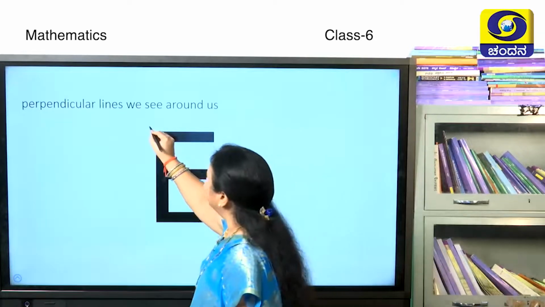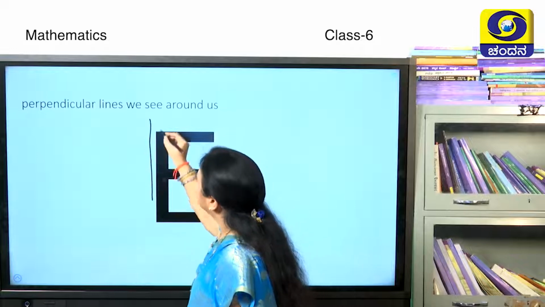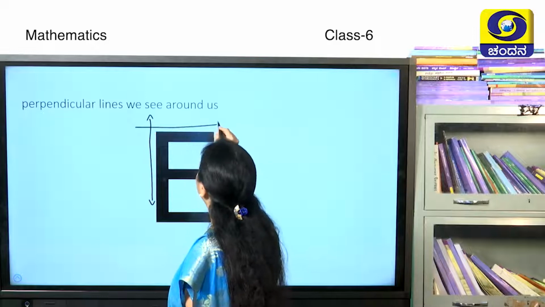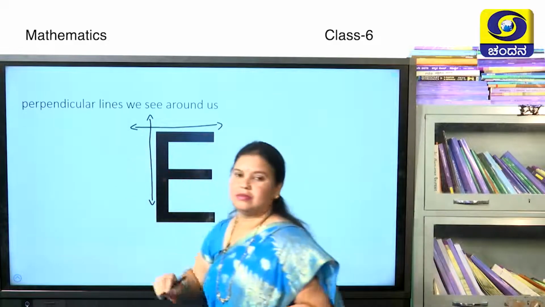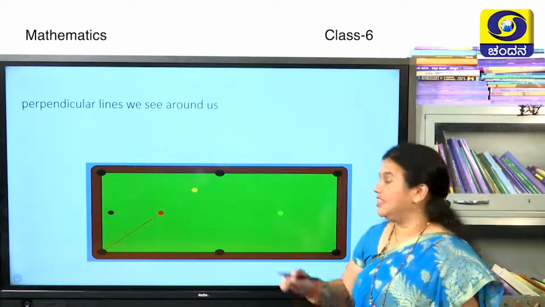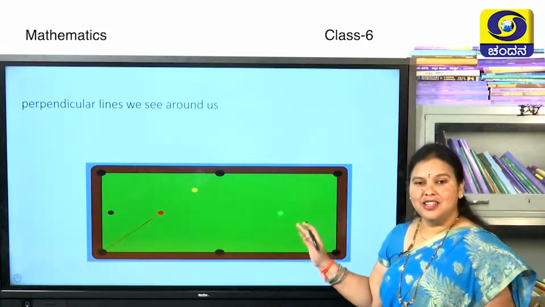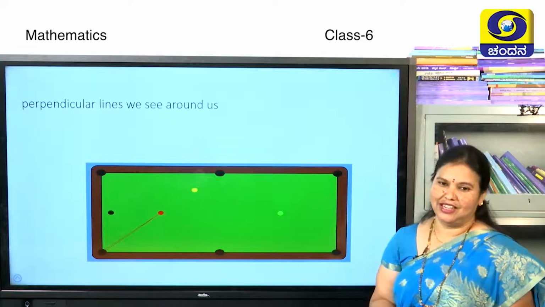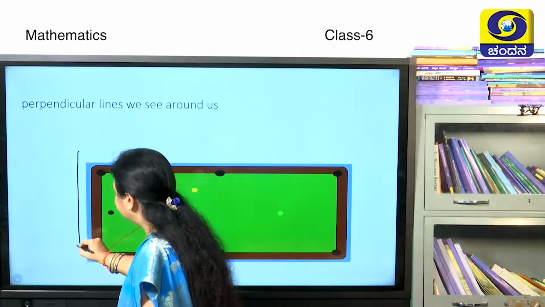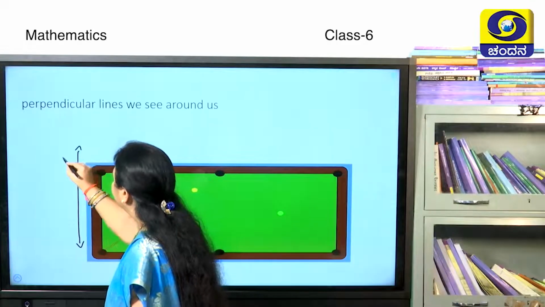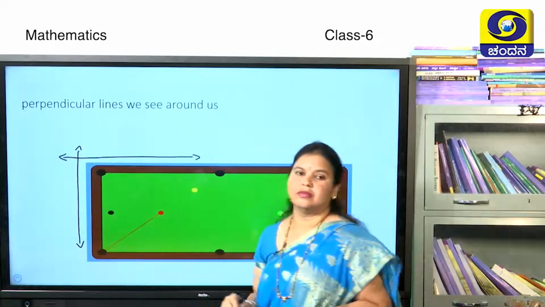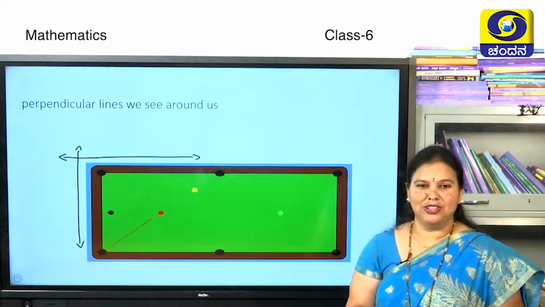For example, understood? We'll see one more example. See, this is a snooker board. Here also we can find some perpendicular lines. We can draw like this. I hope you have understood perpendicular lines.